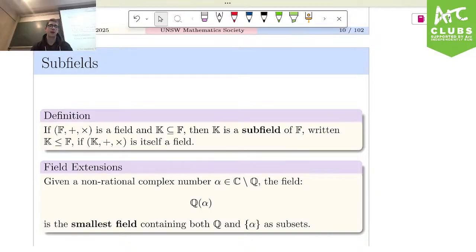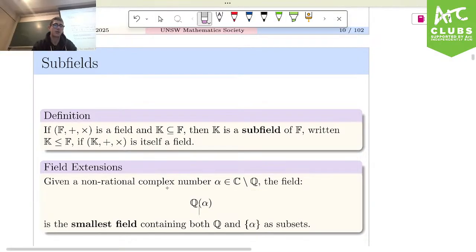So an example is, say, if we have the set of rational numbers and we make a field off that with addition and multiplication, what we can also define is a field that is the smallest field containing the set of rational numbers and a specific element, say alpha, that's not in the rational numbers.